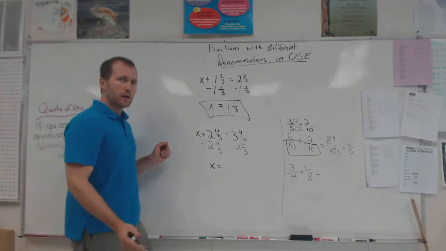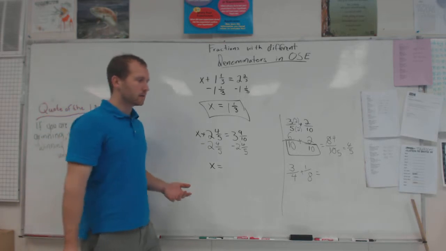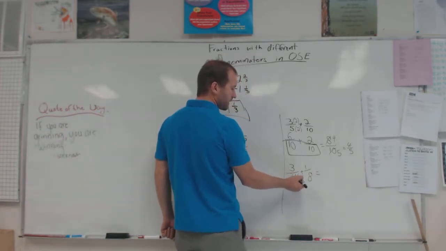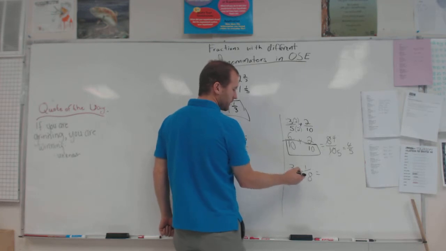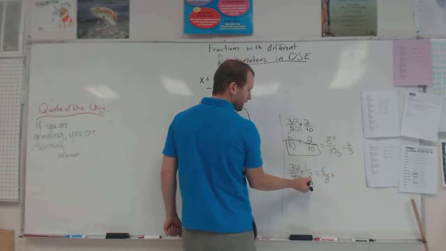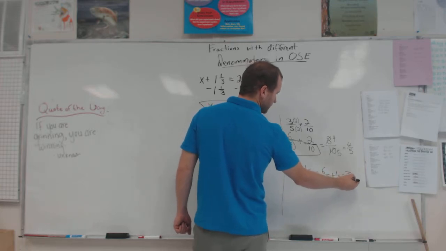Or 8. They both go into 8, right? So here, how many times do I have to multiply 4 to get 8? 2. So I'm going to multiply the top by 2 as well. I'm going to have 6/8 plus, this one stays the same, 1/8. So my answer will be 7/8.